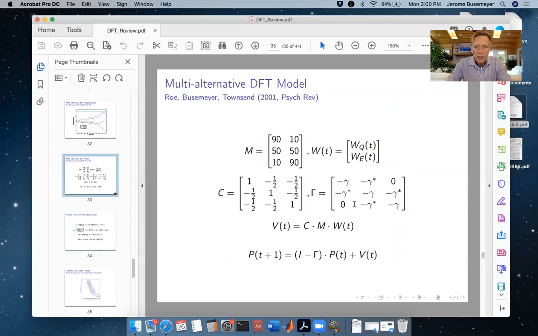Now this matrix, we call the lateral inhibition matrix, because the diagonal terms on this matrix are going to determine the rate of decay. Maybe it's helpful to jump down here. What's going to happen in this dynamic model is you're going to be accumulating preferences across time for all three options. Your new preference state is going to be this feedback term times your old preference state plus the new input. This feedback term on the diagonal has decay terms.